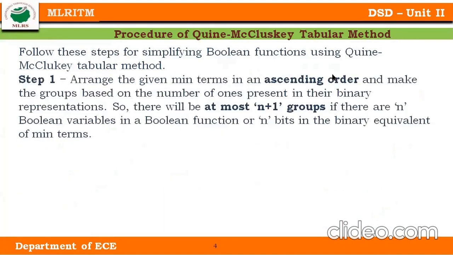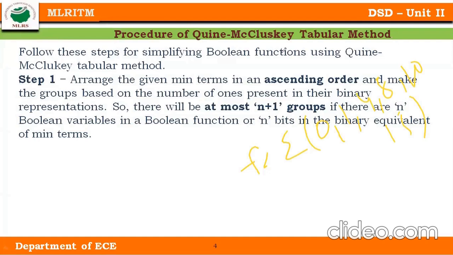Step 1: whatever function is given, like f equal to summation of 0, 1, 4, 8, 10, 15. All these product terms need to be arranged in ascending order. After arranging in ascending order, you need to group them.